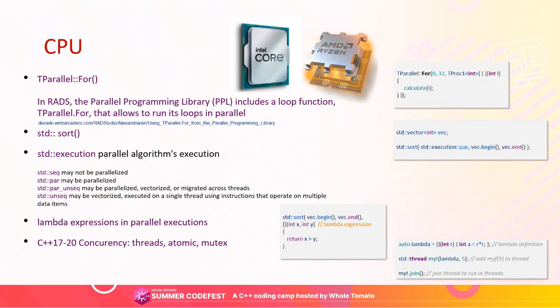As I said before, on the CPU side, you can use multi-threading applications with different C++ features like parallel for loops or sort algorithms, execution algorithms, lambda expressions, templates, or other concurrency features like threads, atomic, and mutex. So all these let you use the CPU efficiently and with the maximum power.